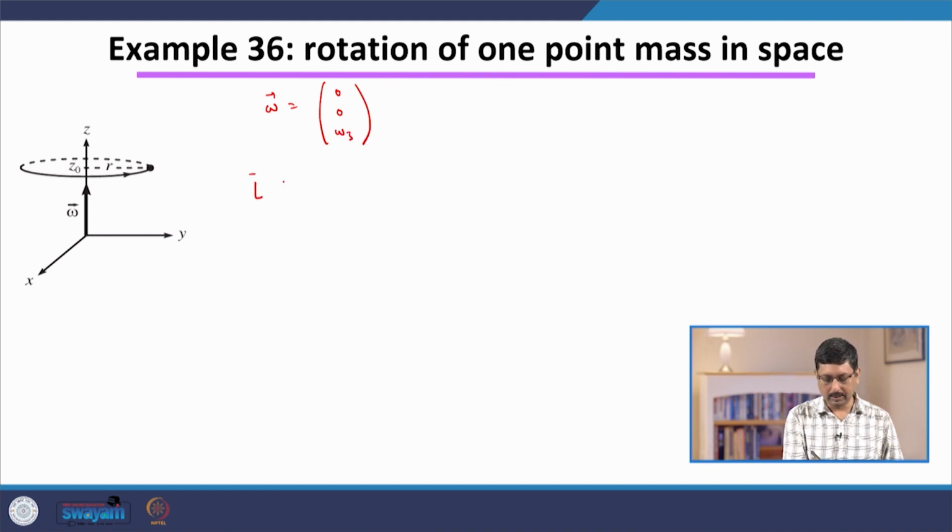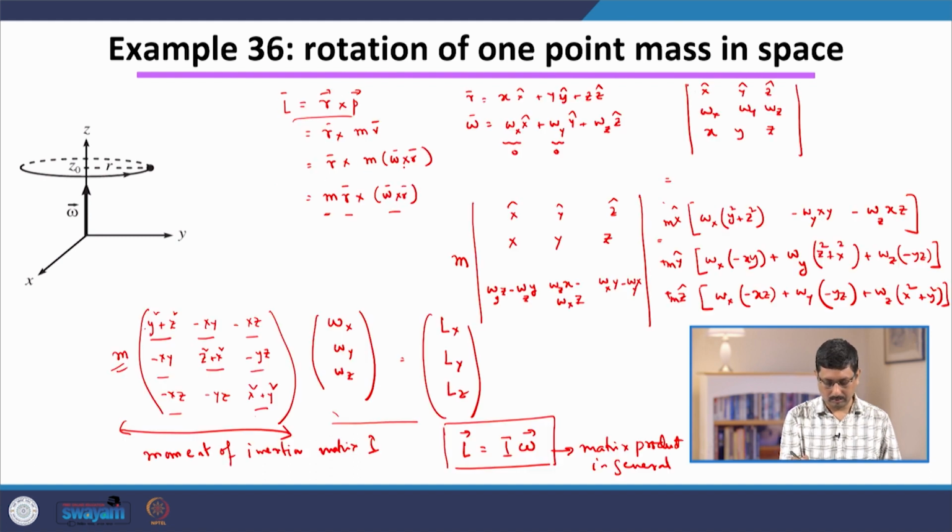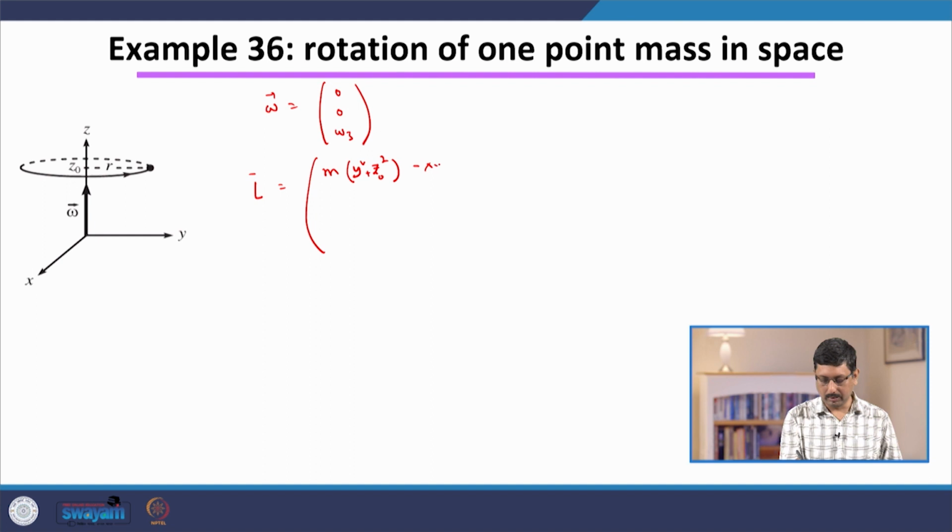So, our L is going to be m times, so we have y square plus z naught square, then we have x y, and then we have minus x z. Let us write down the diagonal components first: z naught square plus y square, and this is x square plus y square.